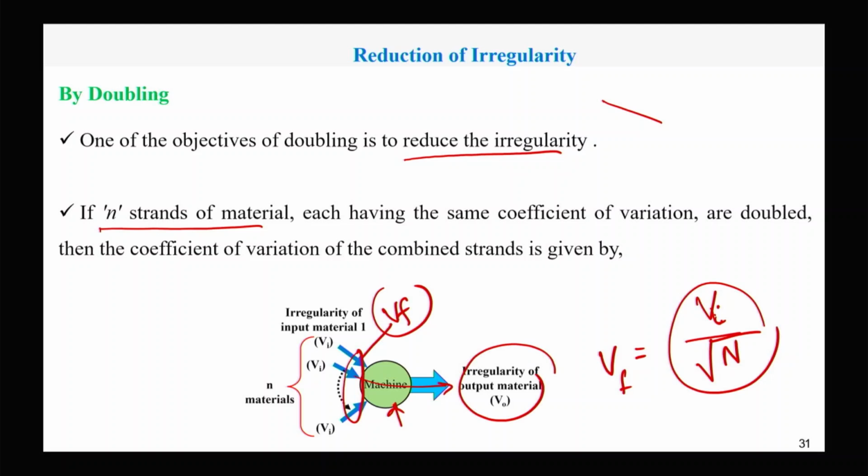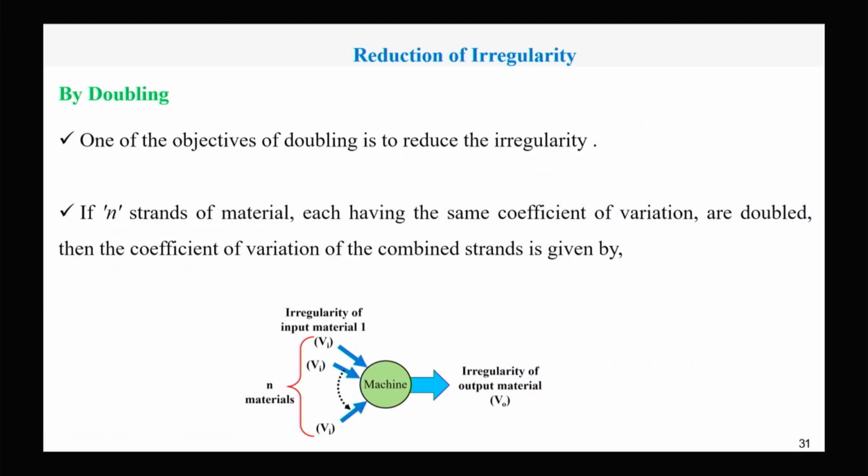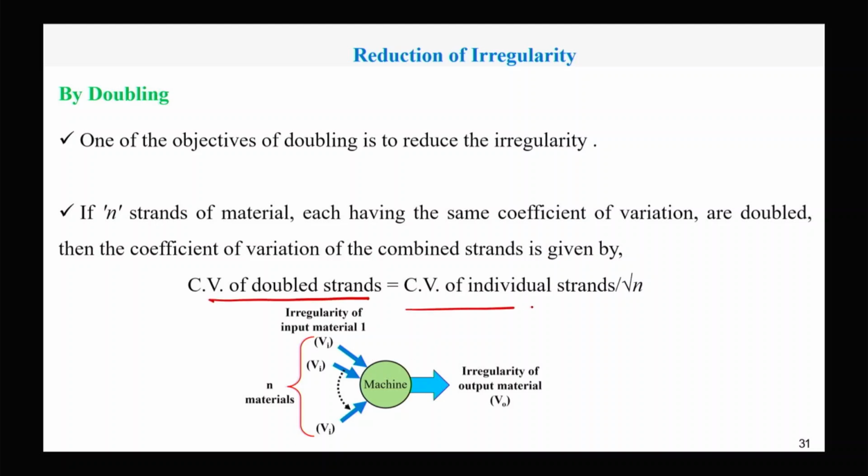In that case, the CV of a double strand will be the CV of the individual strand divided by under root n. So these are the processes where we can reduce the CV, like in draw frame, in gyro spinning, in open-end spinning, rotor spinning. We can reduce the CV of the fiber strand.